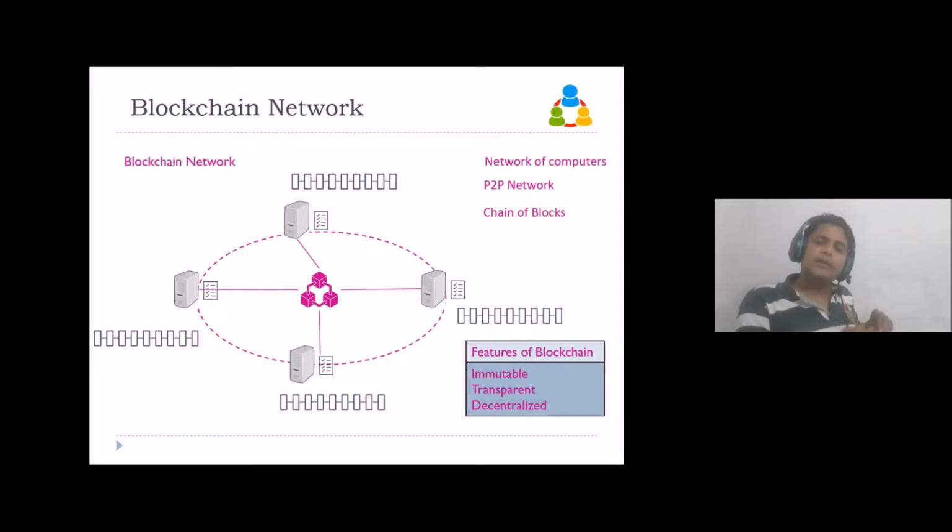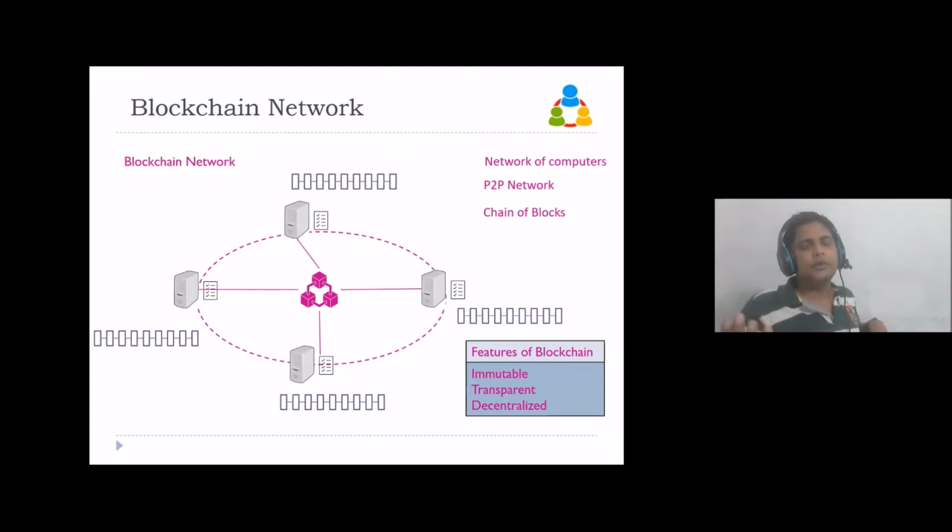Immutable means the data once written, whatever transaction we are writing onto a blockchain network, is immutable. You cannot change that. You can overwrite it, but you cannot change that. Why? We will look at why a blockchain network is called immutable in detail a bit later.